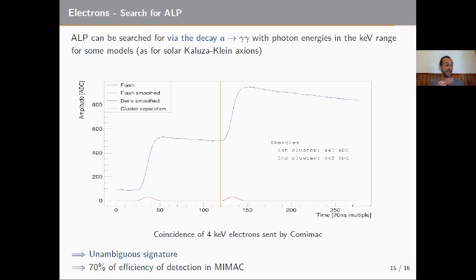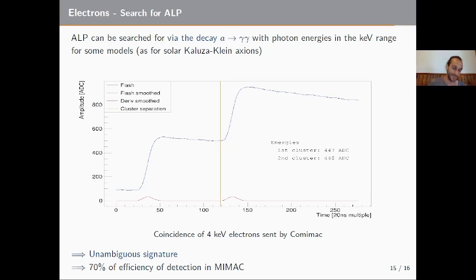Such an axion could decay in our detector, and the signature would be 2 photons emitted back to back and carrying the same energy, because they are non-relativistic. Such a signal is almost unique. There is almost no background in our detector that can reproduce it, which means that we could search for such ALPs with a very high rejection power.